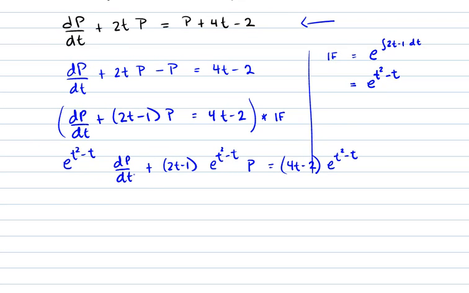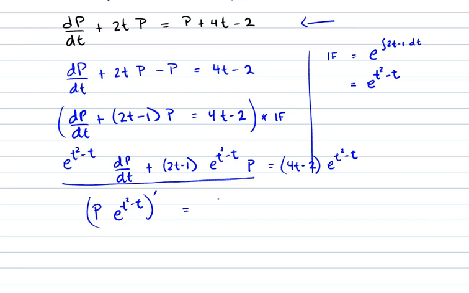And we quickly see that on the left-hand side we have (p e to the (t squared minus t)) prime. If you take this term here and find the derivative, you will see that it's exactly the same as these two terms up there.